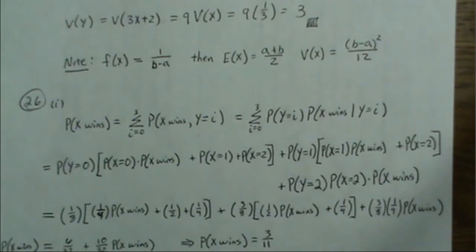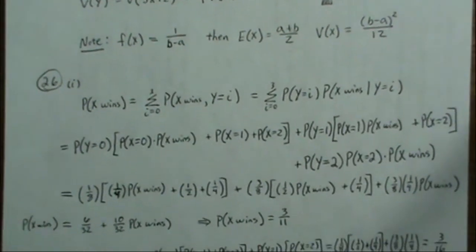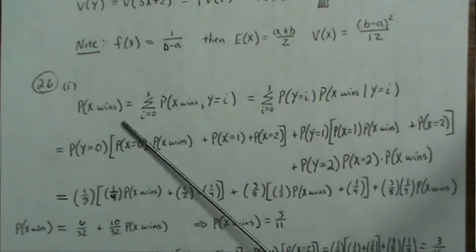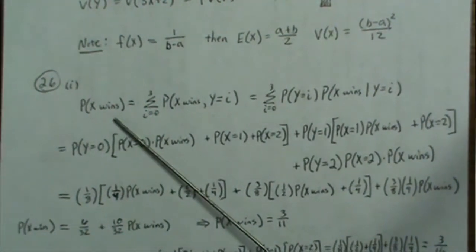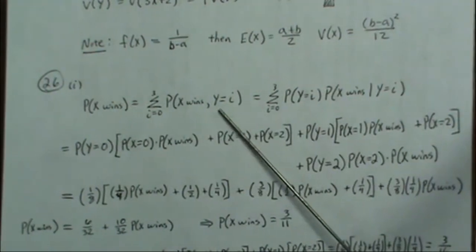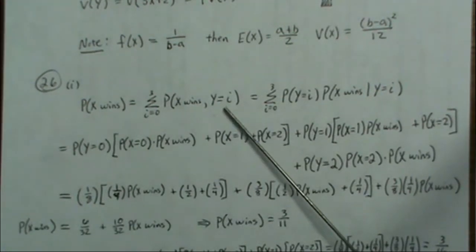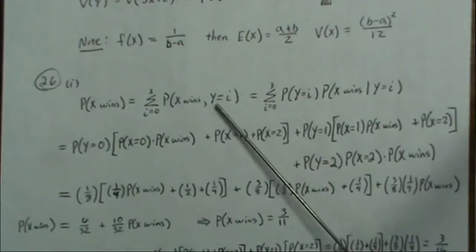So I give 2 different solutions here, which may help, may not. So here we want to find the probability that X wins. Okay, so I introduced the variable Y, which is the number of heads out of 3 tosses, but I sum over from 0 to 3, so all possibilities.